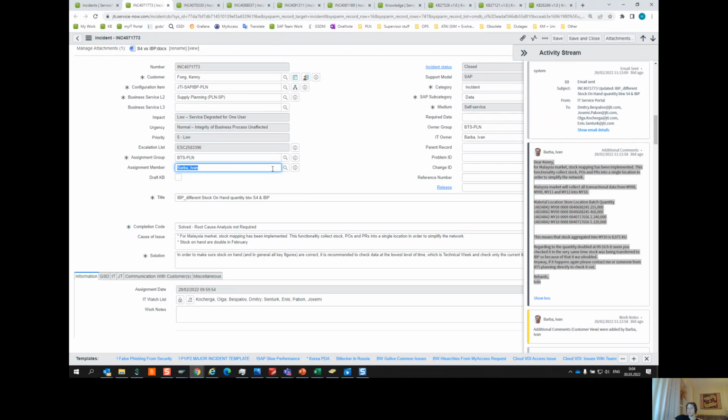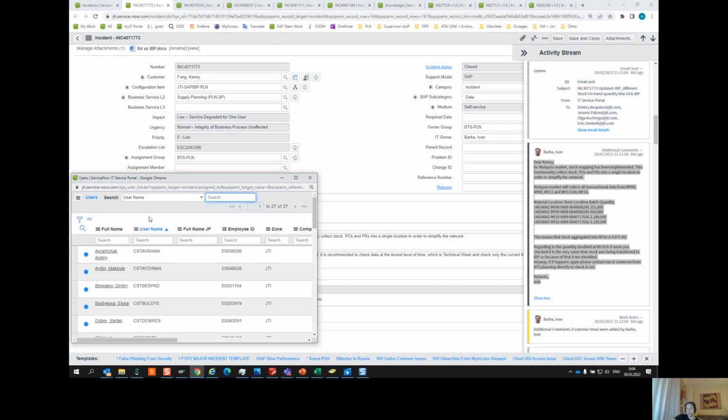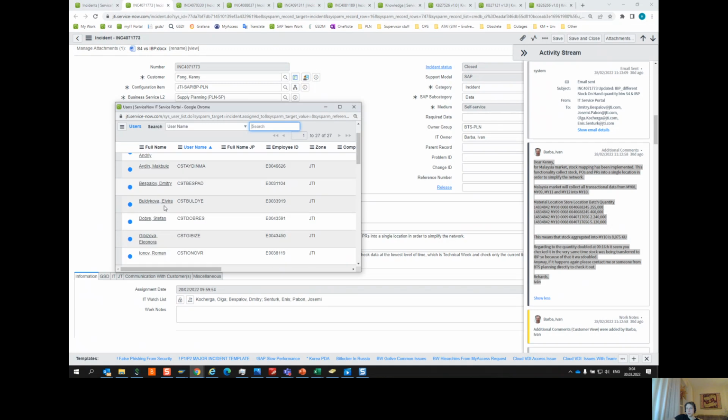For example, let's check the team. Elvira, on the opposite side, is in the PDS stream. So she will be processing issues with SAP, with factory planning, but she will not take incidents for demand and supply planning because she is not an expert in this area.